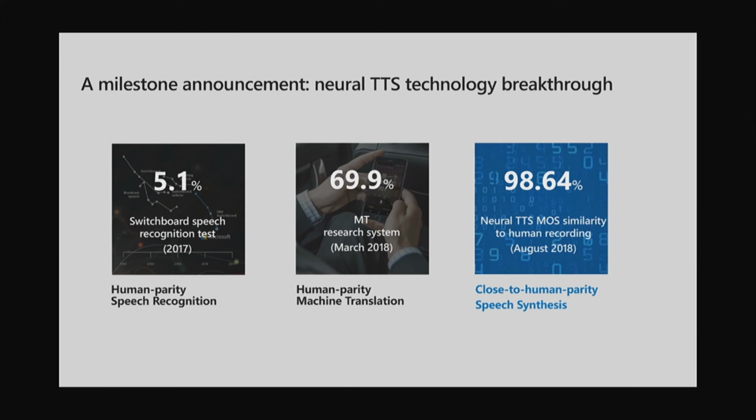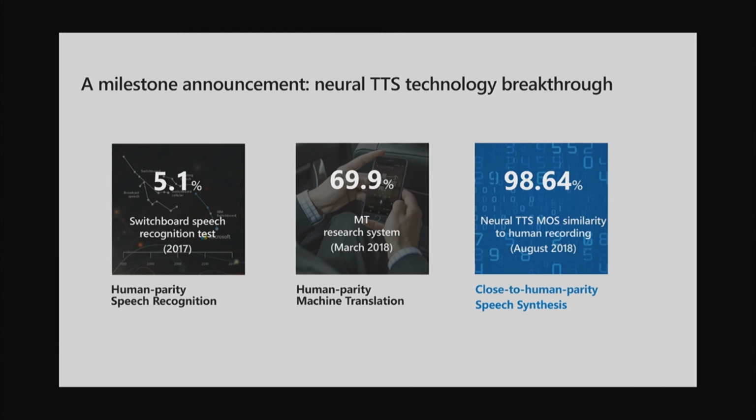And early this year, in March, we reached human parity in machine translation from Chinese to English on news articles. And what's exciting, on Monday afternoon, Eric Boyd, CVP of Microsoft AI and Cloud Division, announced this new technology, neural text-to-speech. With this technology, we are able to build a new production system that can make machine voices indistinguishable from human recordings.